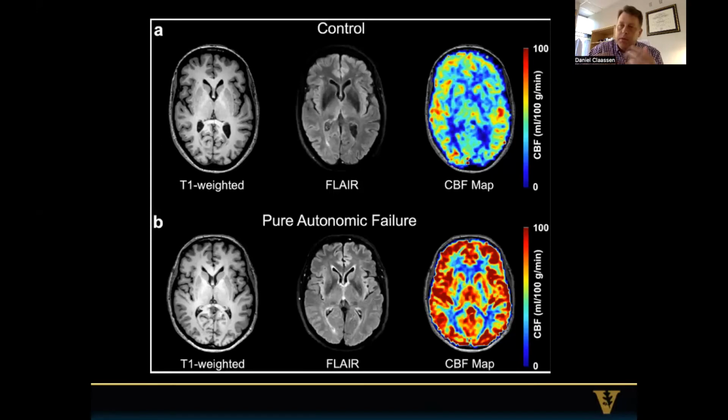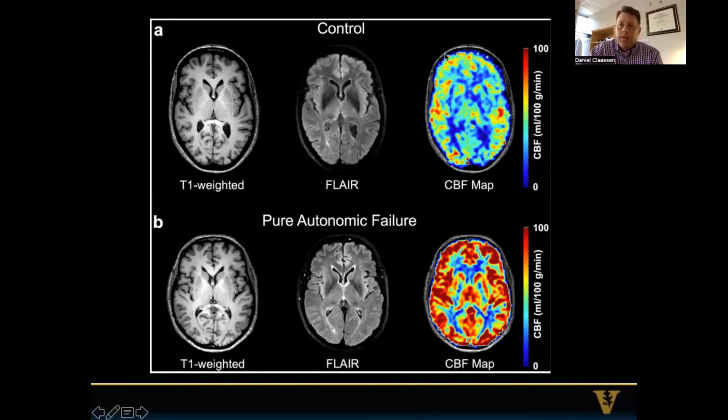And you're able to use some complicated mathematics to get an estimate for how much blood is flowing to how much tissue. And so we get this outcome measure of cerebral blood flow, which is a measure of milliliters per 100 grams of tissue per minute. And so you're able to say, look at a person that doesn't have MSA, we call them a control as a comparator.